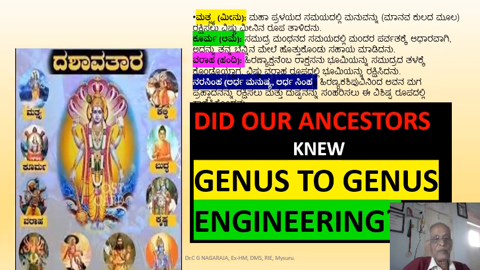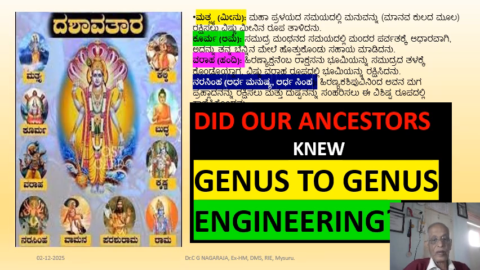We call them Dashavatara. Are these images real, or did our ancestors really know about recombinant DNA, genetic engineering and technology to make genus to genus engineering? That's a big question mark.